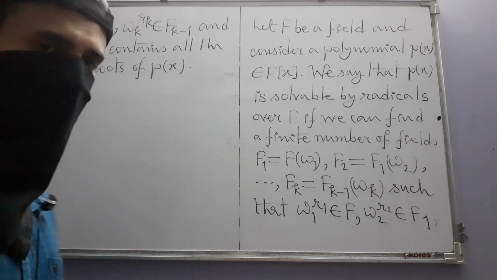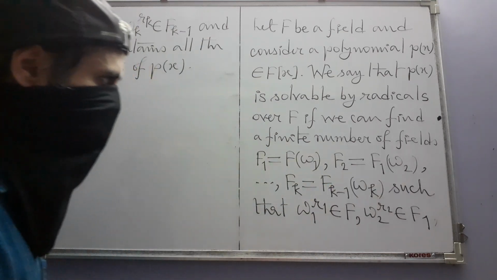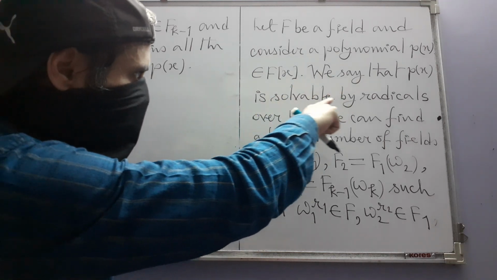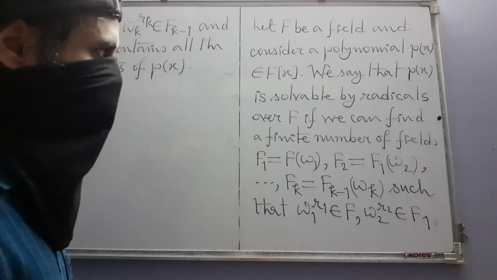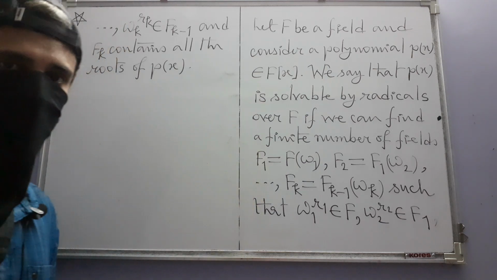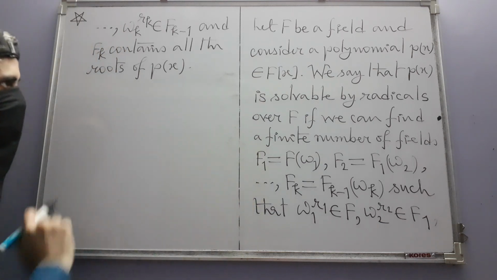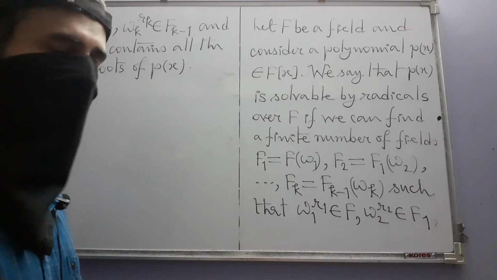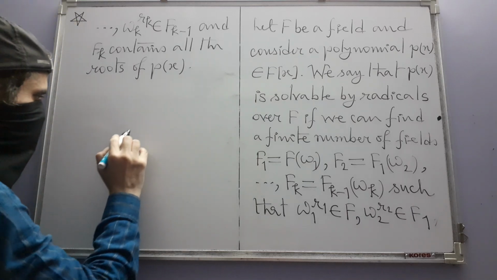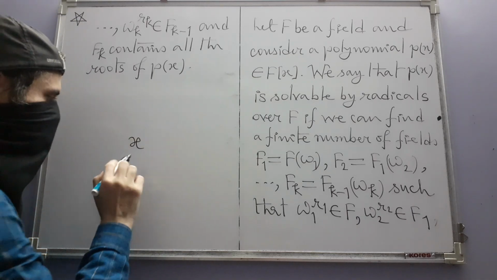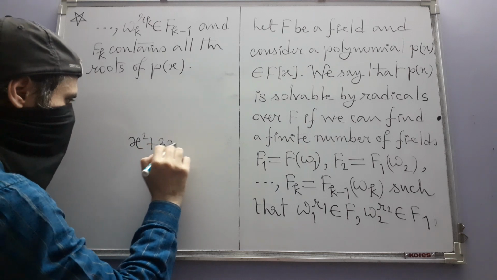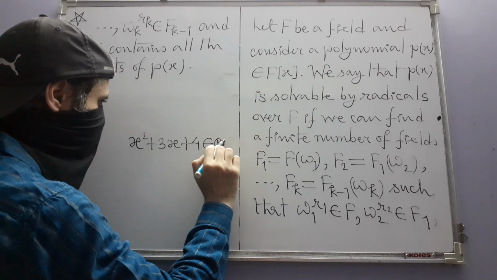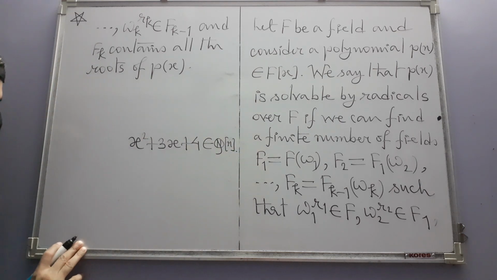When this happens, when we can find a finite number of fields like this for which all these things happen, then we say that P(x) is solvable by radicals over the base field F. For example, a general quadratic polynomial is solvable by radicals. Well, I should not have said a general quadratic polynomial. For example, this one. Let us take that example itself. This is a polynomial in Q[x], right?